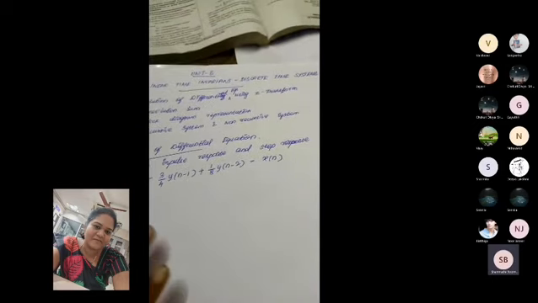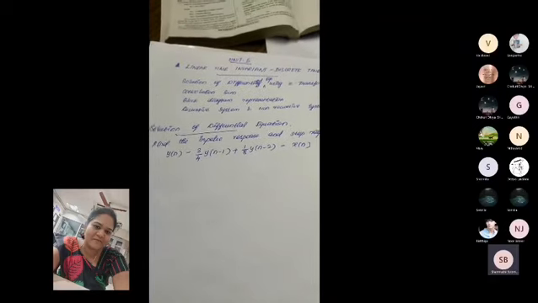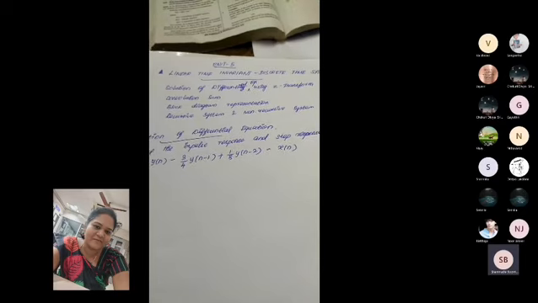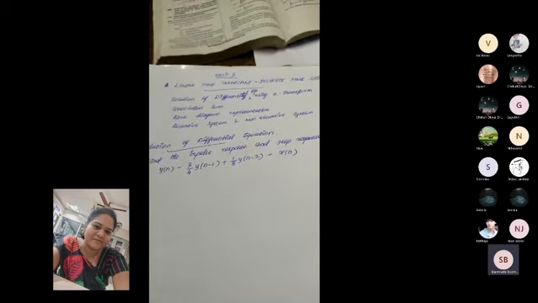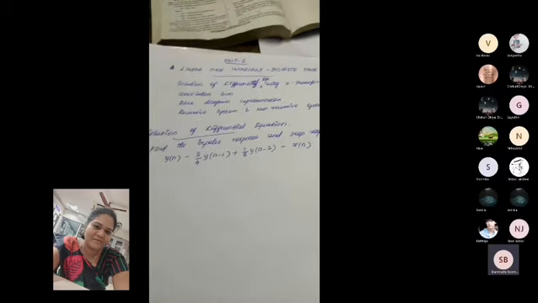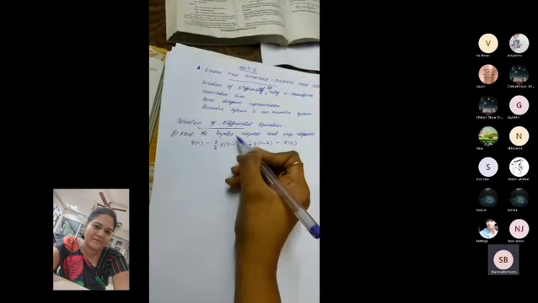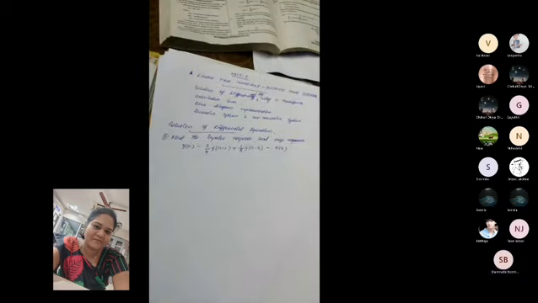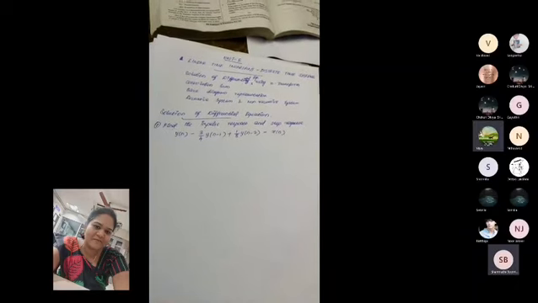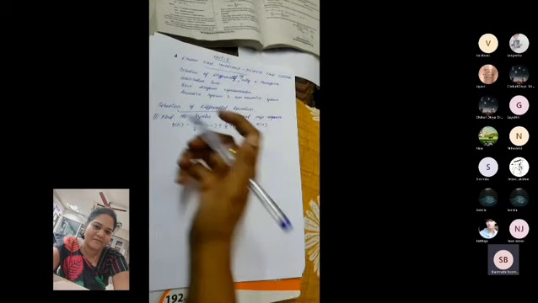From now on, the 4th and 5th units will be in terms of n, not t. Only in the second and third units we represented with t. We follow the same method here, but all signals will be with respect to n, because this is a discrete time signal. For impulse response, use del of n. For step response, the input is u of n. Clear? Now we will start the problem.